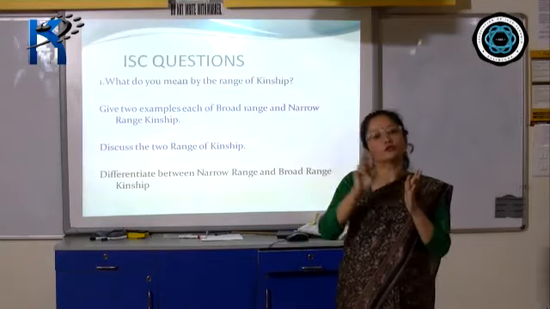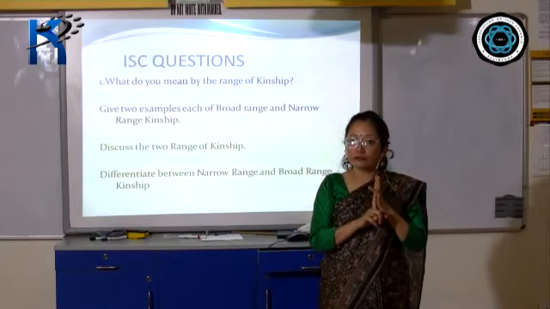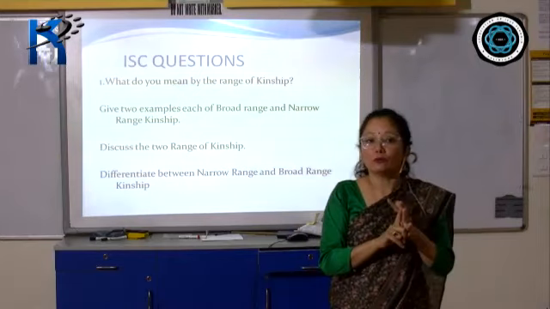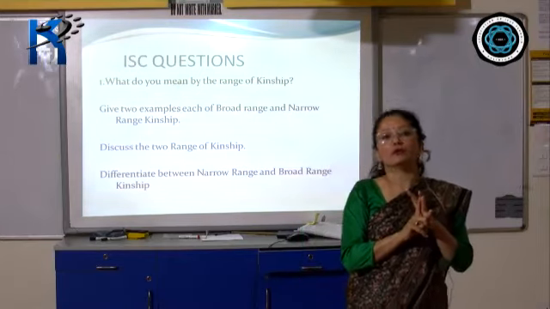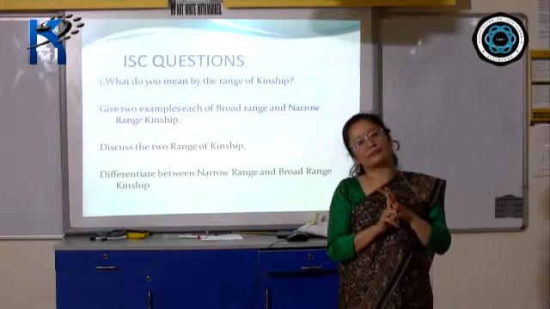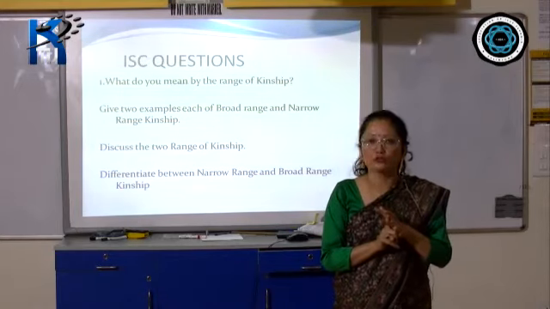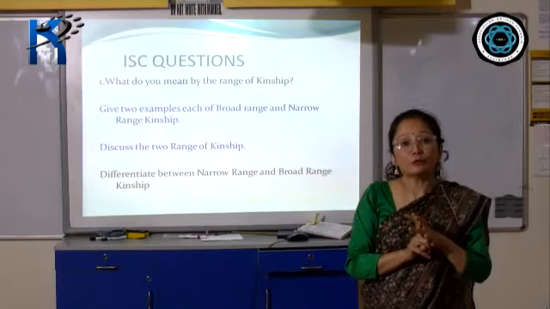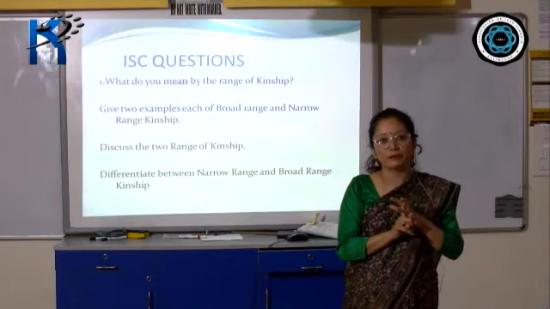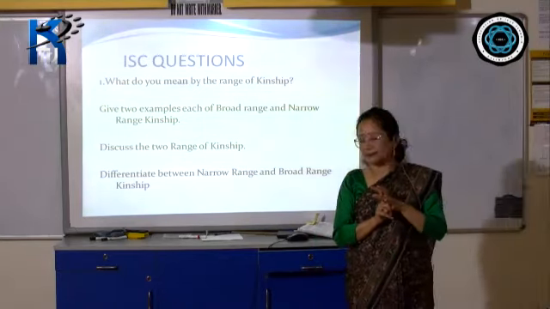Please mention the 2 types of range of kinship. And in 2 paragraphs, you can explain what is broad range and what is narrow range. And in 2 or 3 lines, you can just conclude your answer. This way, it will be easy for the examiner to correct your answers.